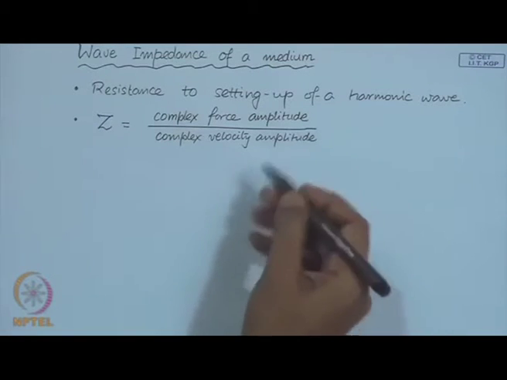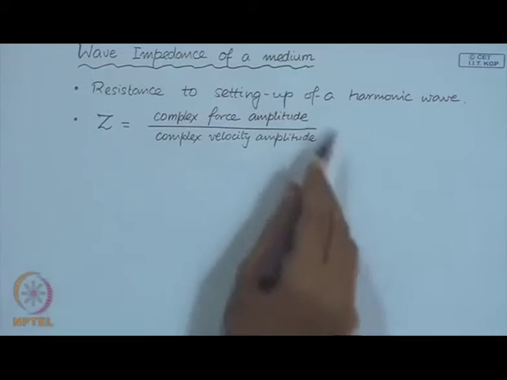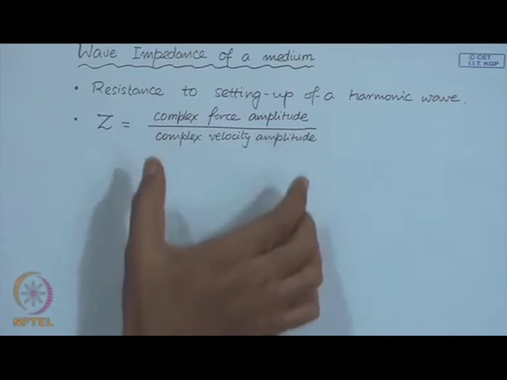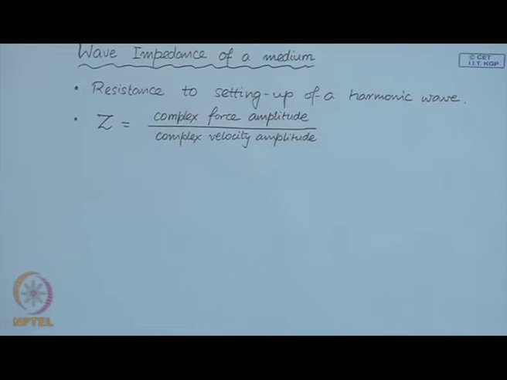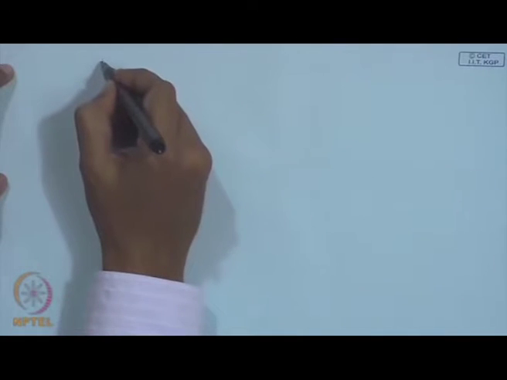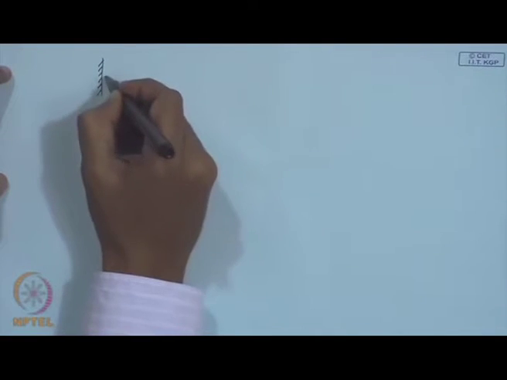So, remember that we are discussing everything in terms of complex representations. So, we will represent everything, say force, velocity, in terms of complex numbers. So, to take an example, let us consider a string.